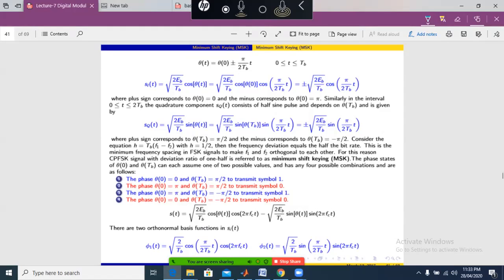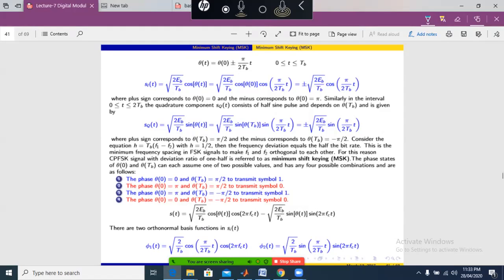So in fact, we plot this in-phase signal and this quadrature phase signal separately, and then we sum up the signal.